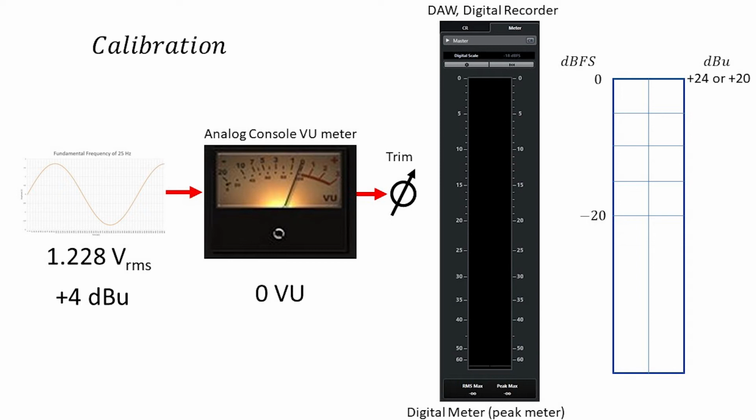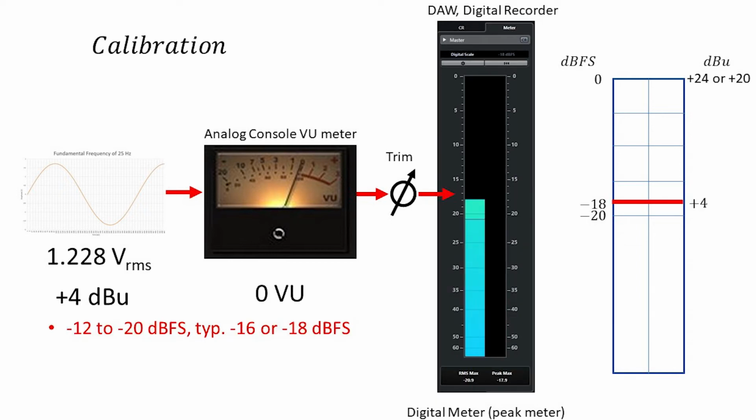And then what you do is you'd basically adjust the trim before you got into your digital recorder so that it read between -12 to -20 dBFS. Typically, they would sort of choose -16 to -18 dBFS, and I'm showing roughly -18 dBFS here.